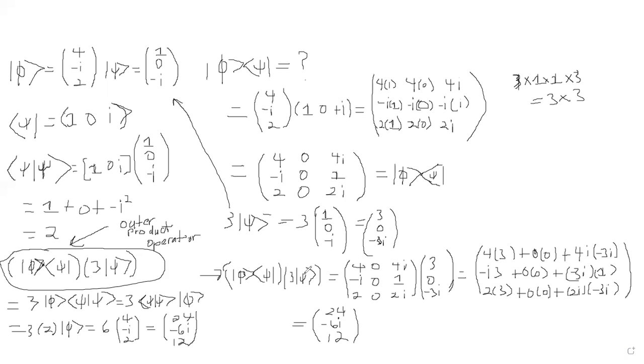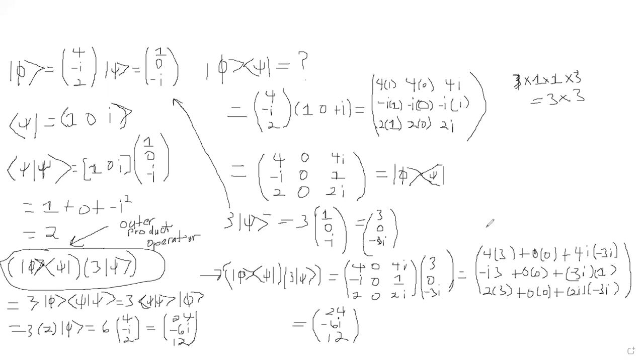Now we should be able to get the same result we got here, which was the column vector 24, negative 6i, and 12. Now I do that, and you see I multiply the matrix, which is operated on the column vector. I do the calculation because you have a 3 by 3 with a 3 by 1, and it has to be a 3 by 1.